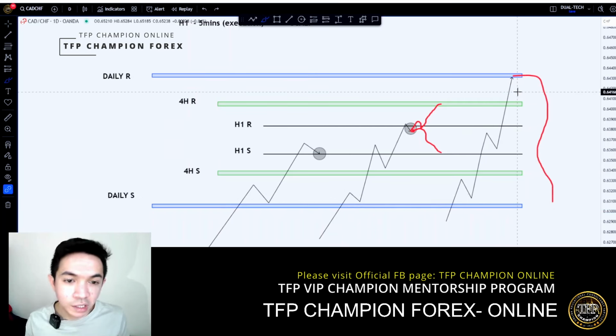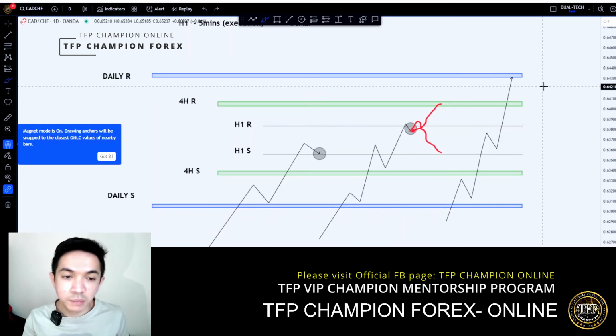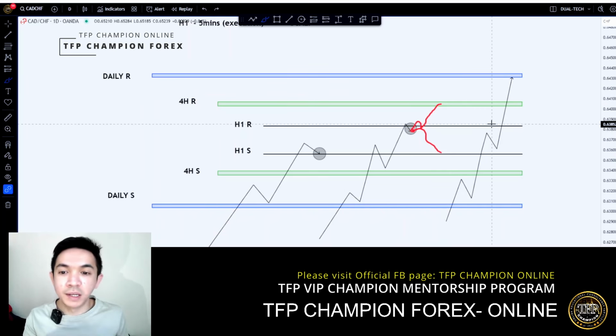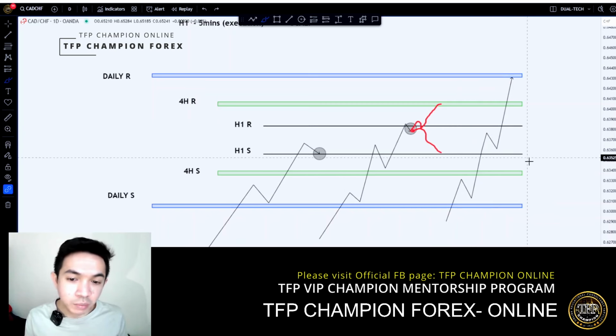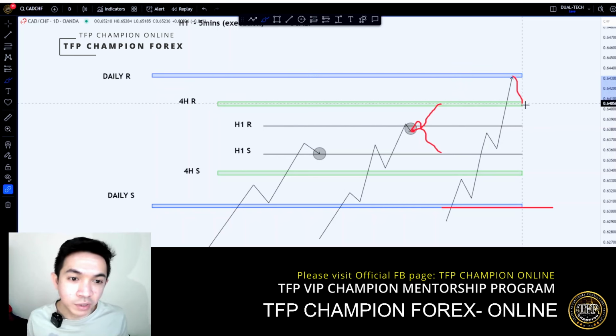So, again, your trading range would be a long-term perspective na ito yung daily to daily range mo. So, anong ibig sabihin niyan? I have a long-term opportunity to take a short going back to my daily support, or even convert it to a short-term opportunity going to my 4-hour resistance as my TP1.